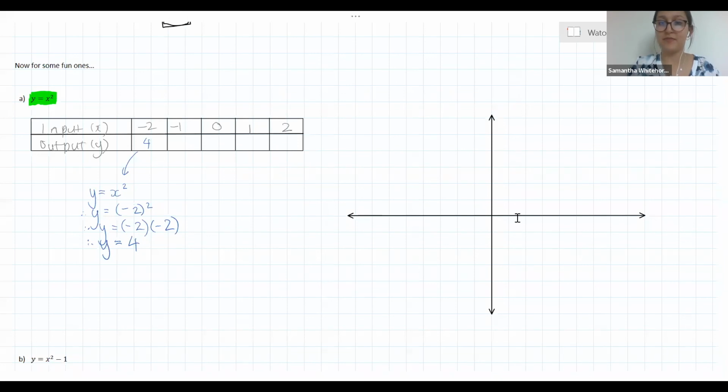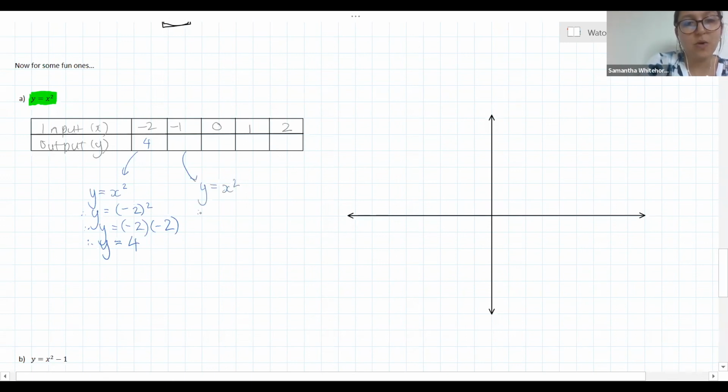Right, so guys, this would be positive 1 because again, y is equal to x squared. So y is equal to -1 squared, which is actually -1 times -1. And 2 negatives multiplied together give me a positive. So positive 1.